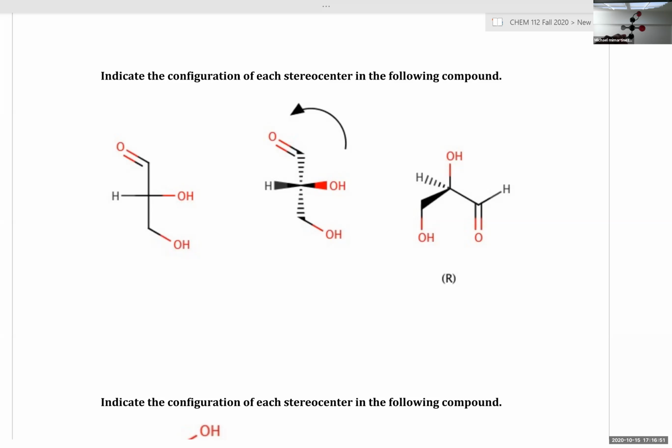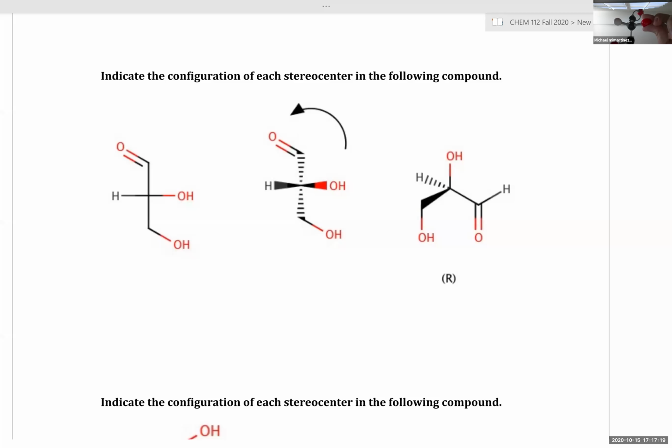And does everyone see that our alcohol and our methylene group with the alcohol and that our aldehyde are pointing away from us? Does everyone see how these two groups are pointing away from us? So this directly maps on to our dash wedge depiction of the Fischer projection.